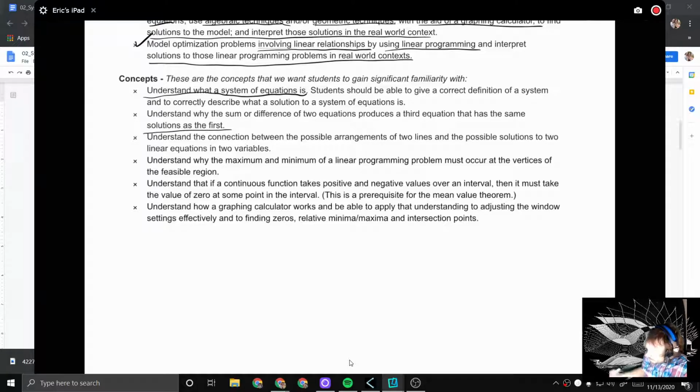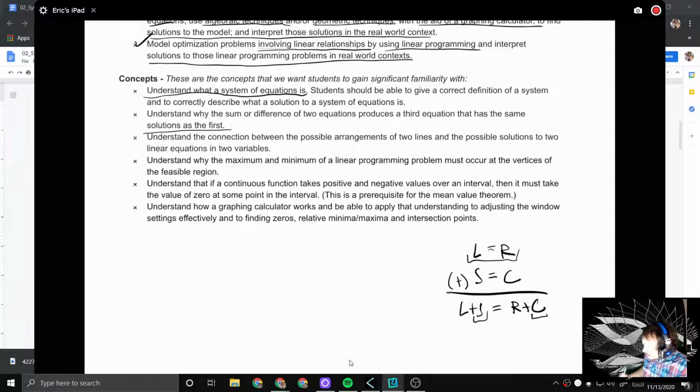If you remember, when we looked at this, we said we've got our left-hand side equals our right-hand side, and we've got our second left equals our second right, and we add together the equations, and we get L plus S equals R plus C. It looks like kind of a mystery, but we realize that really what we've done is we've taken the first equation and added S to the left side, and when we add C on the right, it's really not a different value because we know C and S are the same thing.